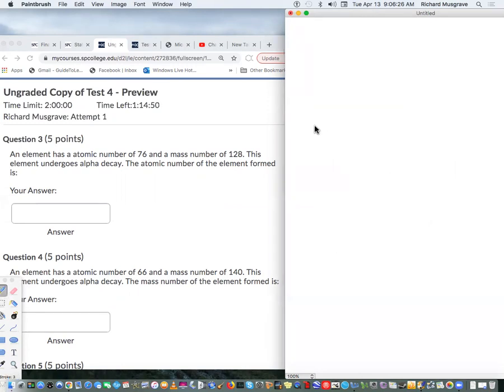So for 76, 128, you actually don't even really need the actual element to do this. You just need to know that an alpha particle is a helium nucleus. So I'm just going to call this X, but it isn't. But I could go find the element if I wanted to.